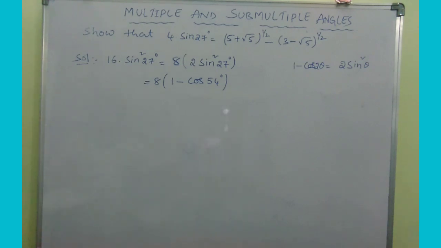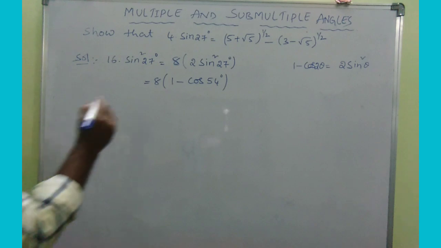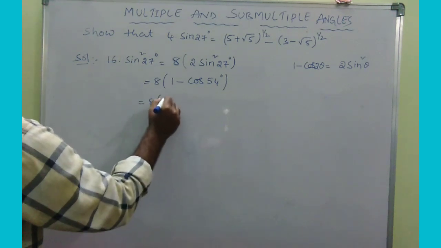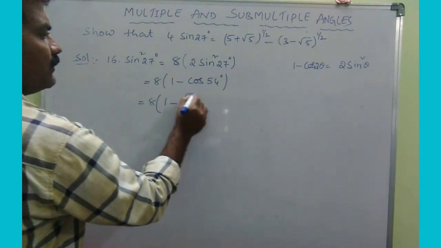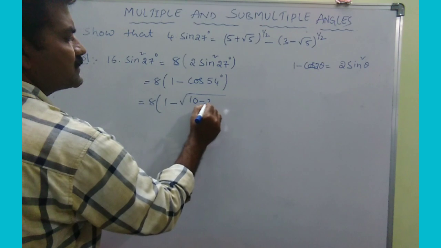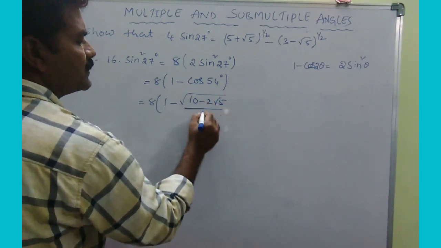And do you remember the value of cos 54? 8 into 1 minus cos 54 degrees value, root of 10 minus 2 root 5 by 4.